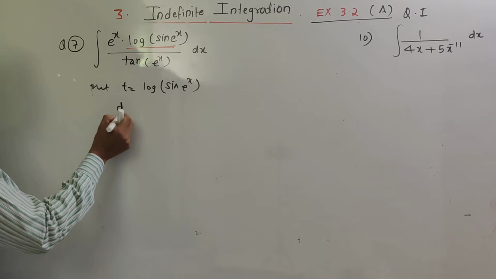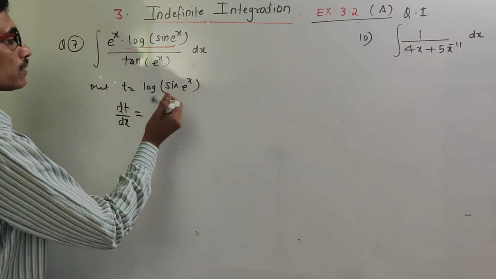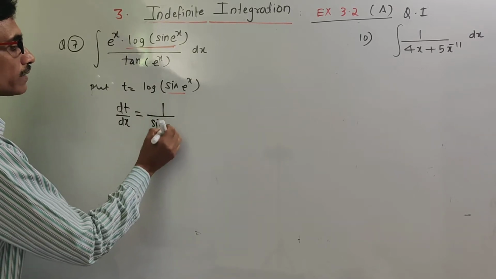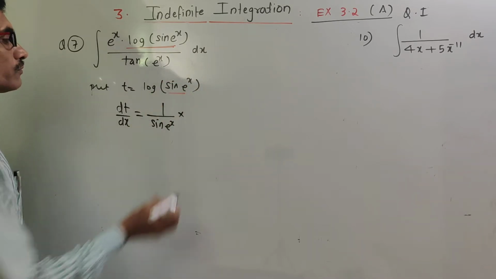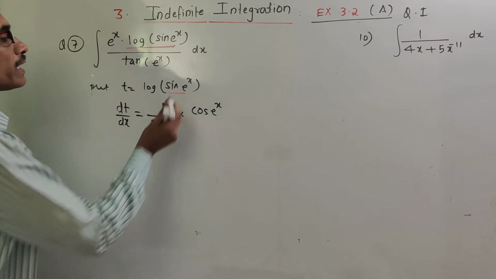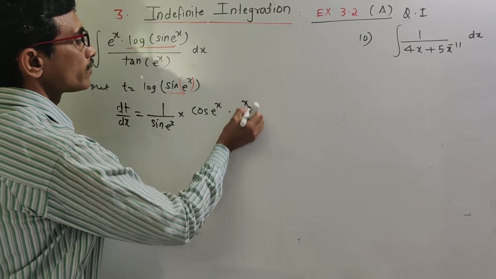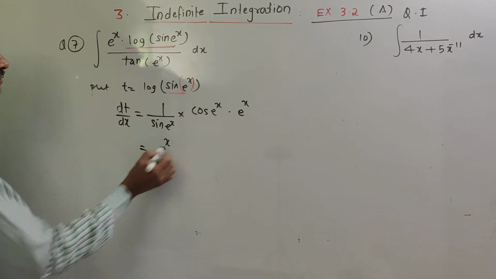So differentiating, dt by dx is equal to 1 upon f(x), that is 1 upon sin of e raised to power x, into the derivative of sin which is cos of e raised to power x, into the derivative of e raised to power x, which is e raised to power x.